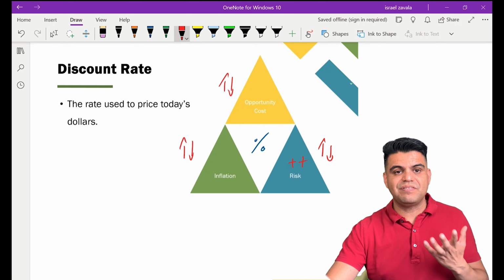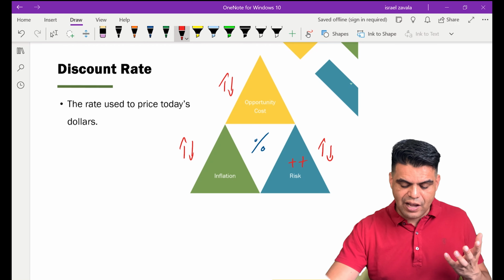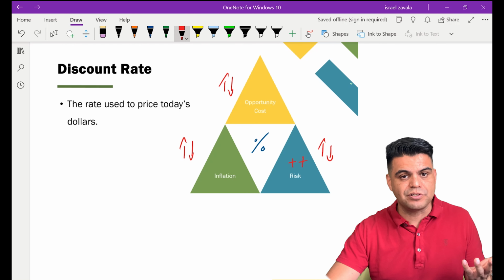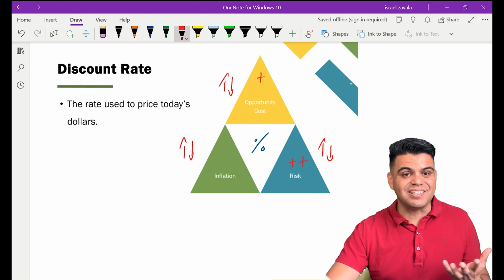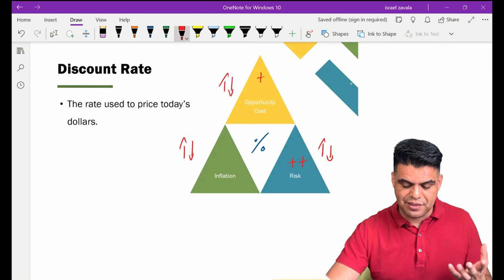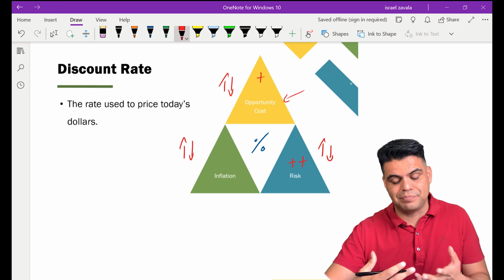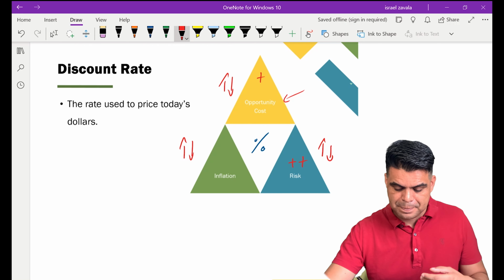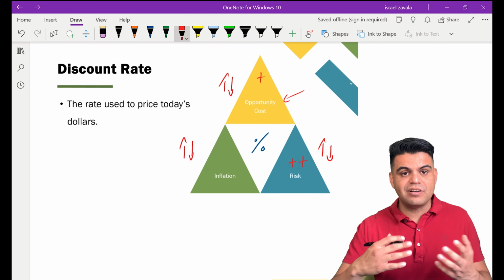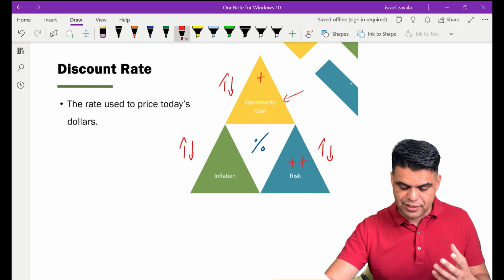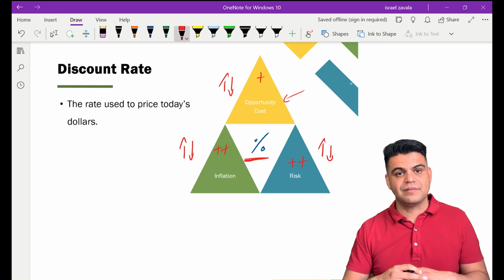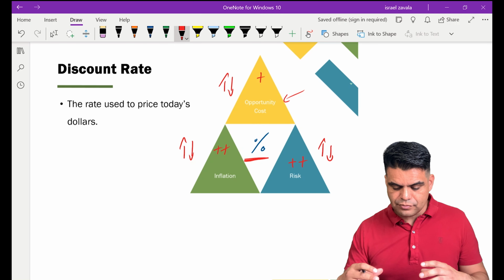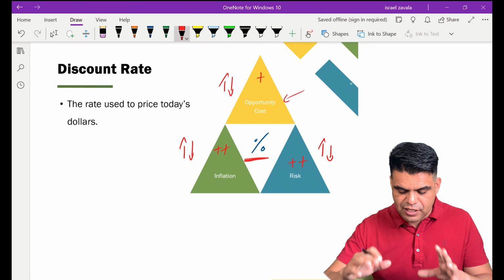Or if I just received the money today, I have a lot of great investment opportunities, so I'm going to add to it. Or let's say there wasn't a lot of great investment opportunities. Maybe this block, or pyramid, doesn't take on as much weight. And also, if you're in a high inflationary environment, you're going to add to this discount rate, giving you your total. And so I'll leave it at that.